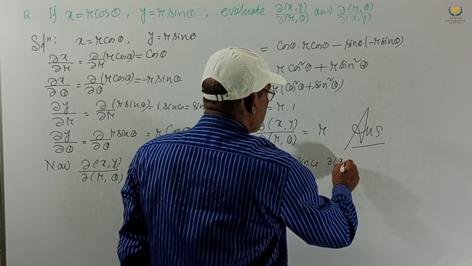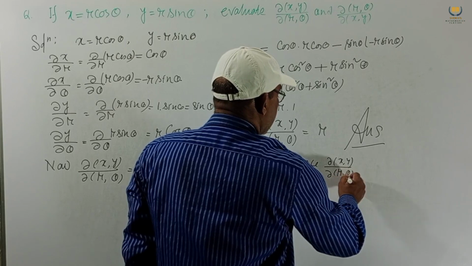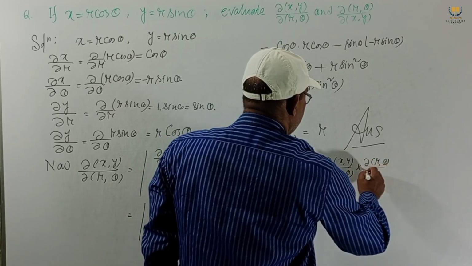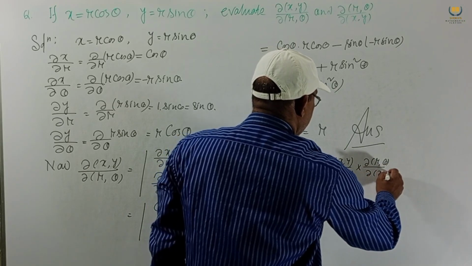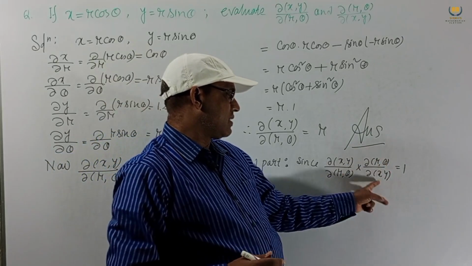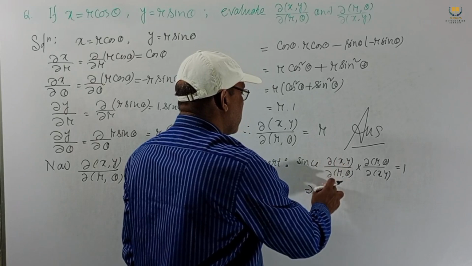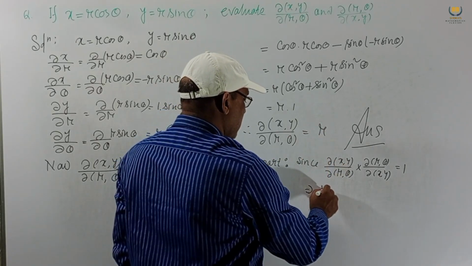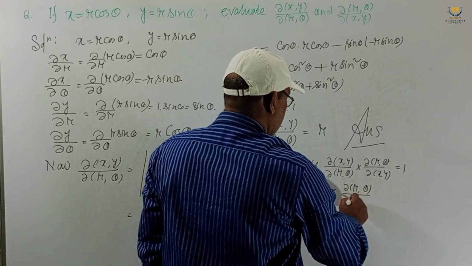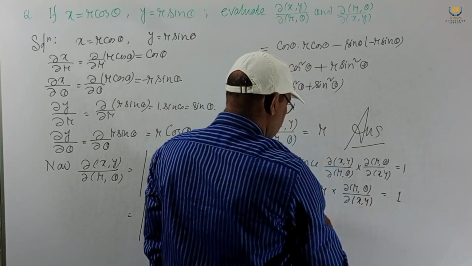Since ∂(x,y)/∂(r,θ) into ∂(r,θ)/∂(x,y), obviously this will be 1. This cancels, ultimately we get 1. But this value we just got is r. ∂(r,θ)/∂(x,y) equal to 1, we get.